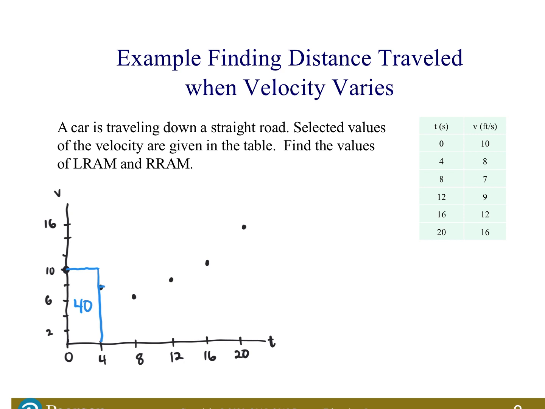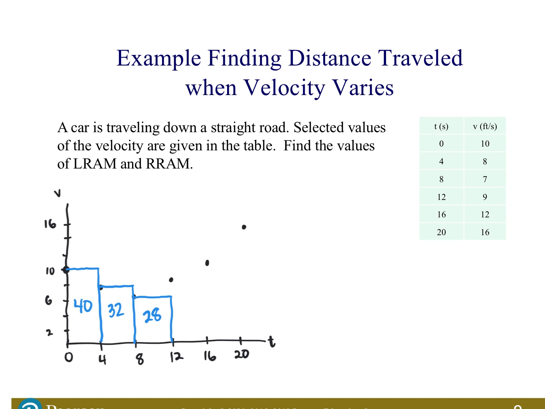And then again, working left to right, that one is a base of 4 with a height of 8, so an area of 32. Next one is my smallest rectangle. It still had a base of 4, but it only had a height of 7, so 28.